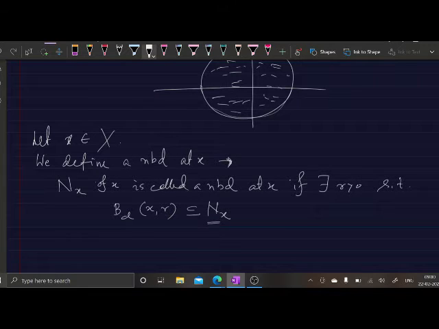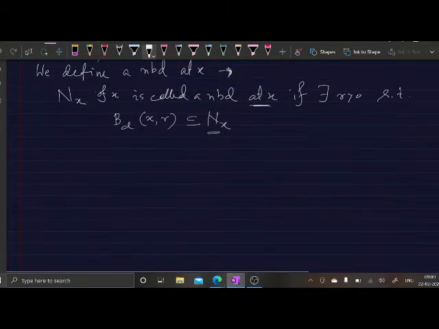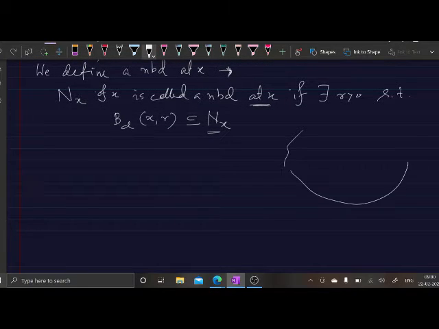Then this N_x is called a neighborhood at x if you can find one real number r greater than 0 such that B(x, r) is a subset of this. So that means around x you can find some space with the help of this open ball. This is your r, this is your B(x, r), this is x. Then you can say that this N_x is a neighborhood at x.